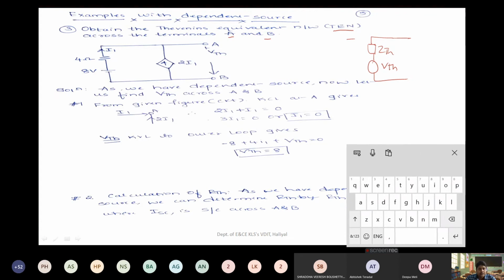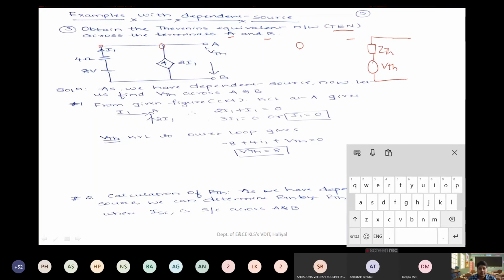I have written that we have a dependent source. Now let us find VTH across AB from the given circuit. If we apply KCL at A, this point is the same as this point. All those points are the same.